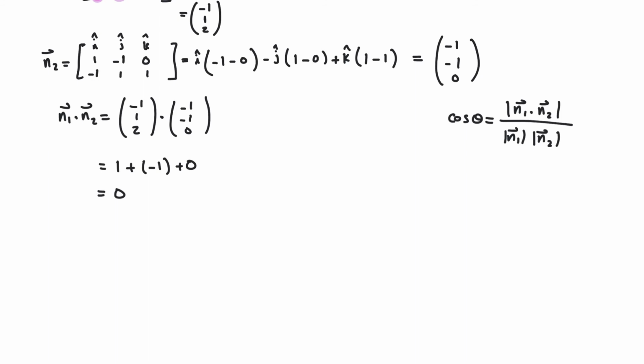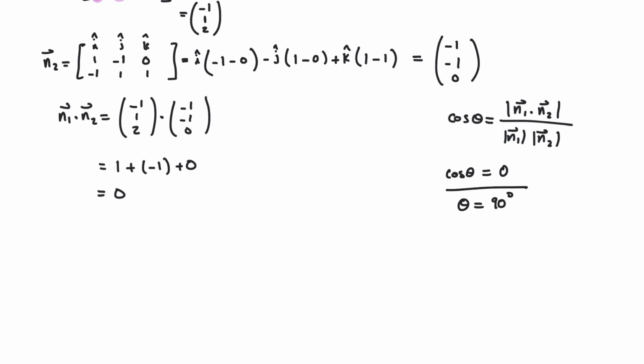From this point on, we know that whenever the dot product of two vectors is equal to 0, that means they're at a 90-degree angle, so we don't really need to go any further. If we did want to go on further here, we would get cosine of theta is equal to 0 over a finite value, which would mean that it just equals 0, and therefore theta would be 90 degrees.